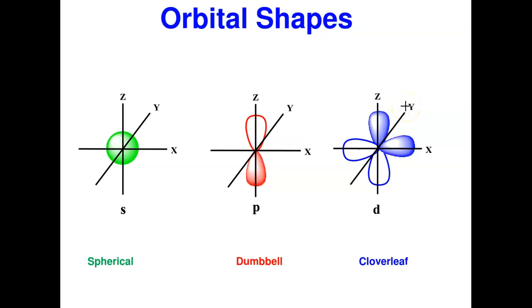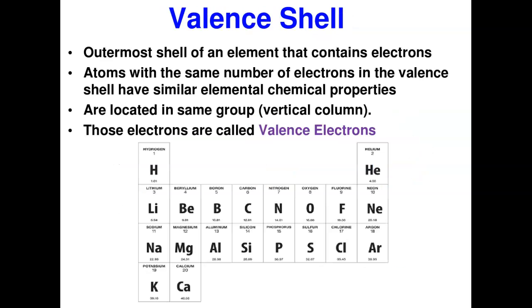The d orbital has a clover leaf structure. There are actually more d orbitals, but at this level, this is what we're going to be focusing on in this class. So the shapes of these orbitals are very important for you to know. Again, the spherical one is the s orbital, the p orbital is a dumbbell, and the d orbital is a clover leaf.